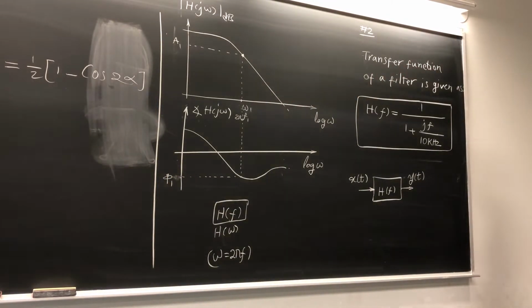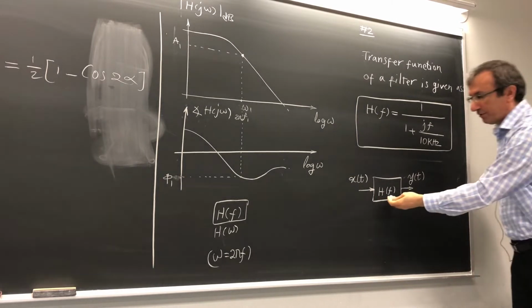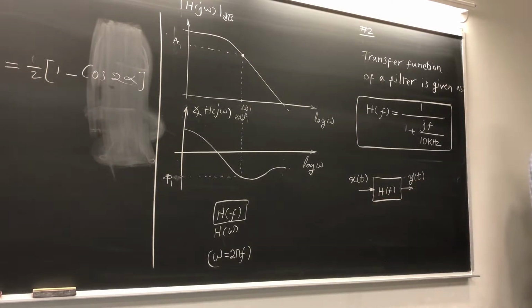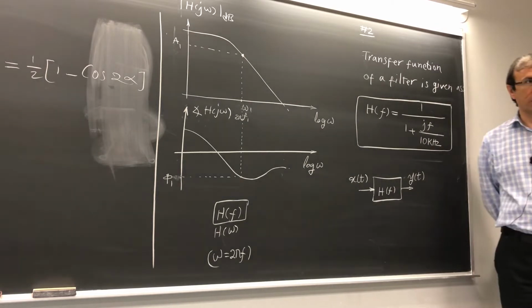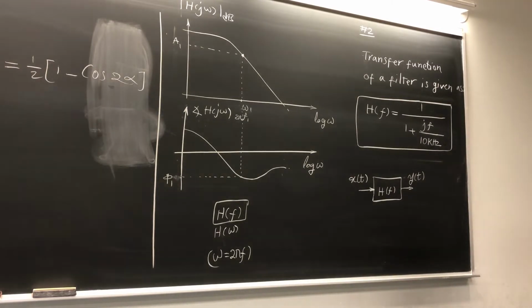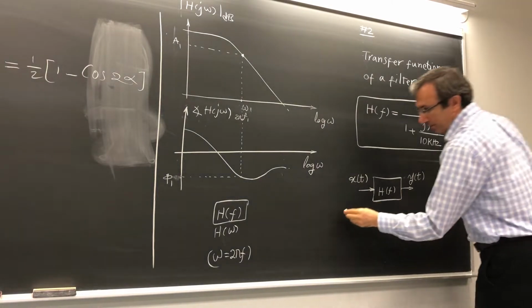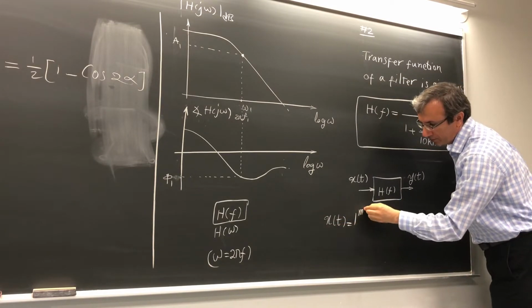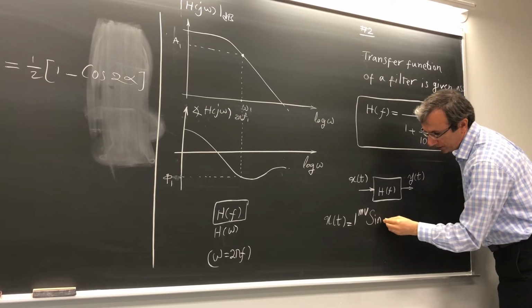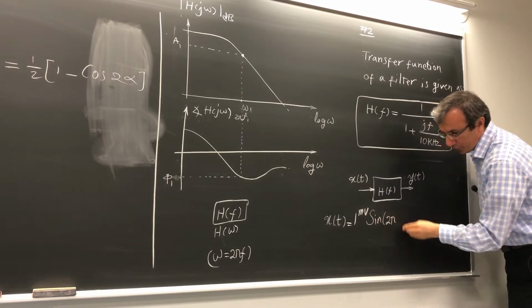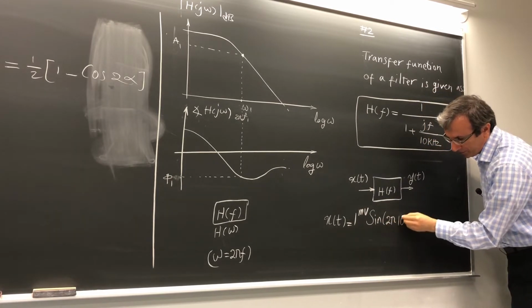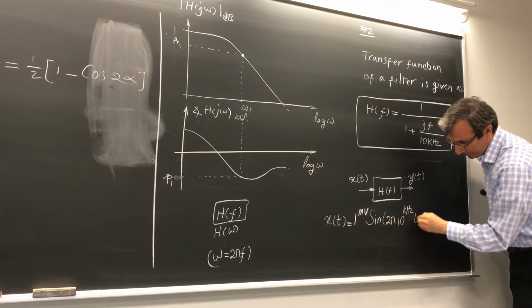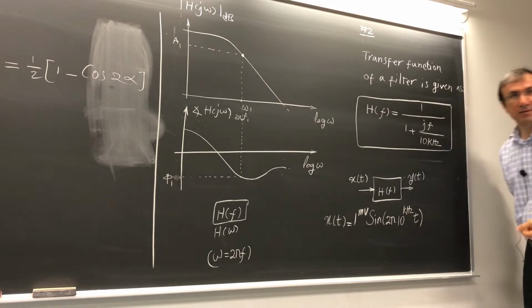So if the input to the filter, to the system, is a single tone input, a single frequency input, a sine wave or cosine, let's say x of t is 1 millivolt sine of 2 pi 10 kilohertz t, for instance.